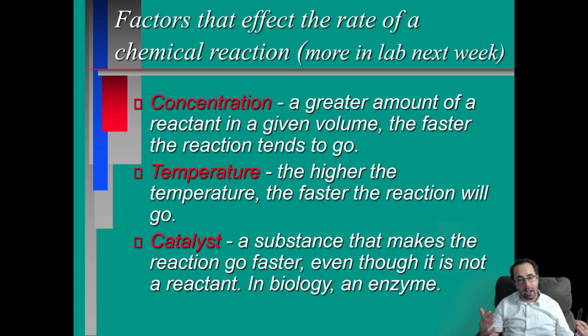The more reactants you have in a smaller space, the quicker the reaction will occur. That is because for a reaction to occur, the molecules of the reactants must bump into each other. The more of them you have in a smaller space, the closer they are to one another, and the more likely they are to bump into each other at any given time. So higher concentration is going to increase the speed of reactions: more particles in a smaller space.